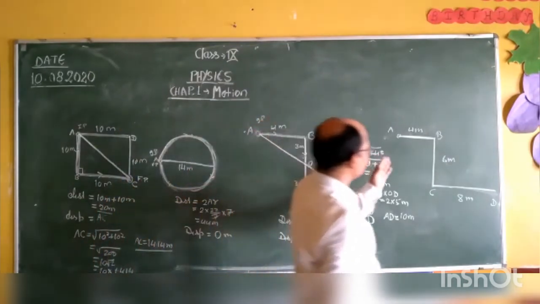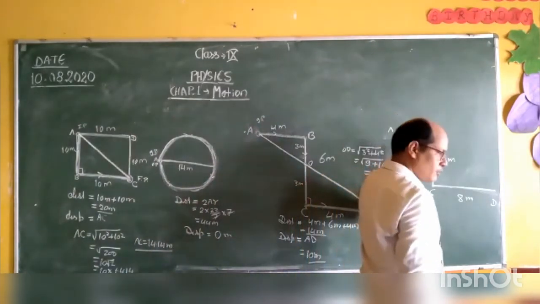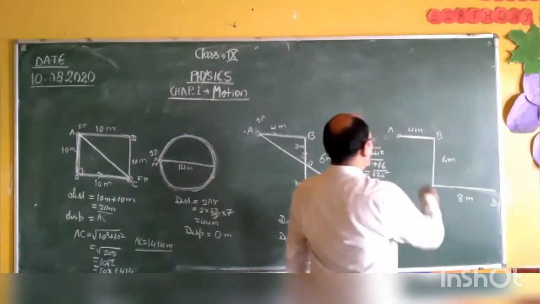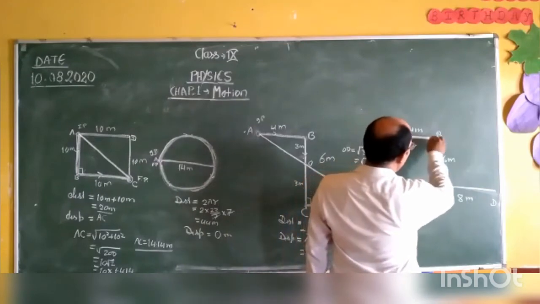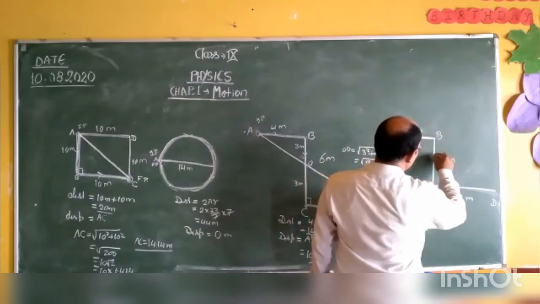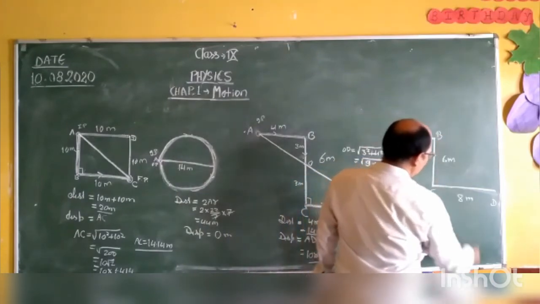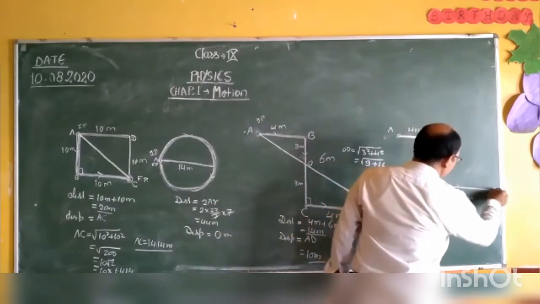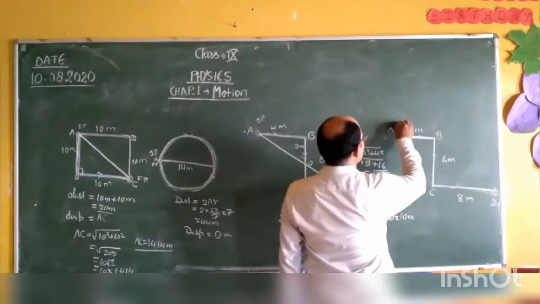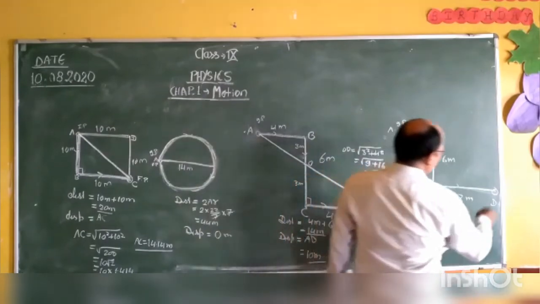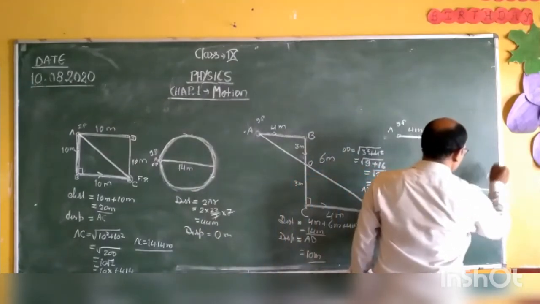Now move towards the fourth sum. I am starting from position A, moving towards B, then towards C, then towards D, and I stay here. This one is my initial position and this one is my final position.